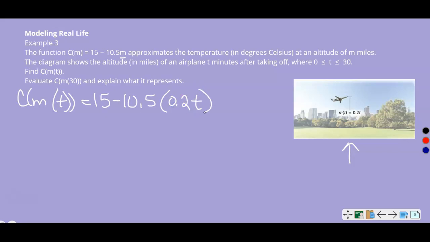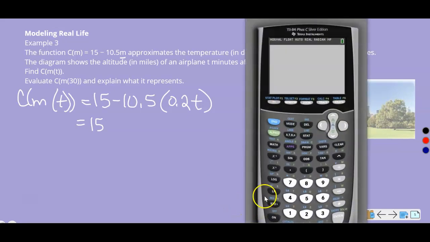0.2t. All right, from there, then we need to simplify. So we're going to have 15, and then we have minus 10.5 times 0.2. All right, so I've got negative 10.5.